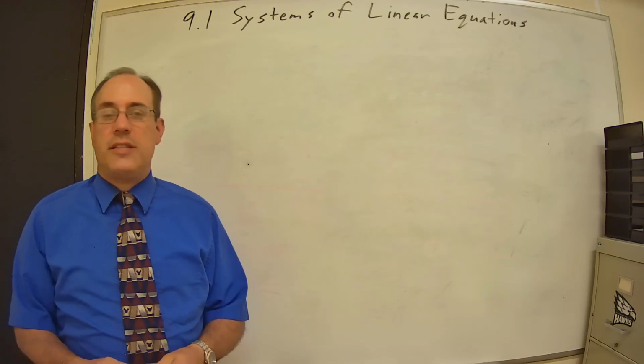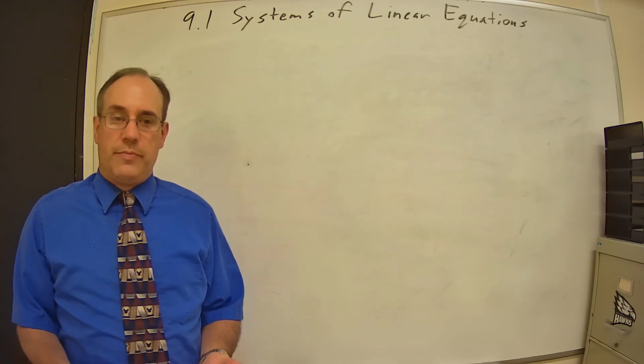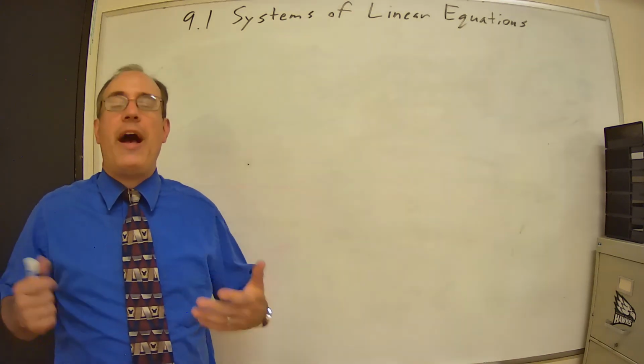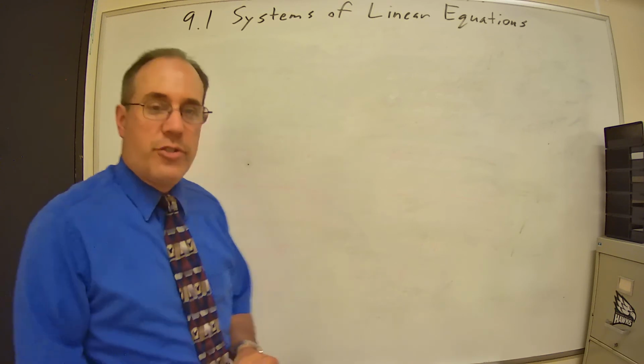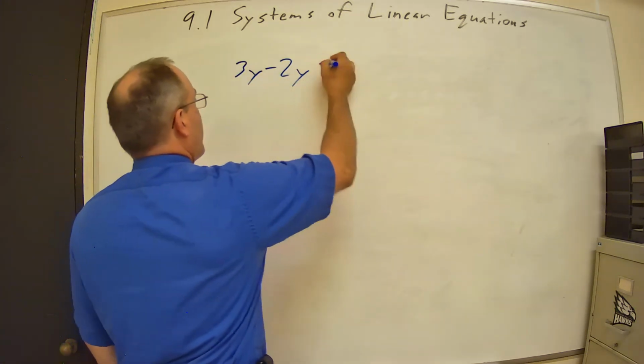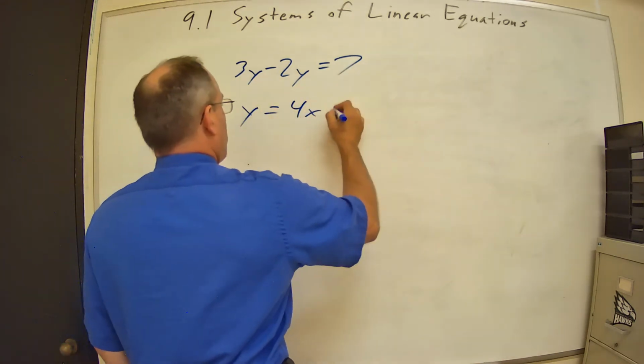The other reason is that sometimes a system of linear equations just jumps out at you saying, solve me by using this method, such as 3x minus 2y is equal to 7, and y is equal to 4x plus 1.